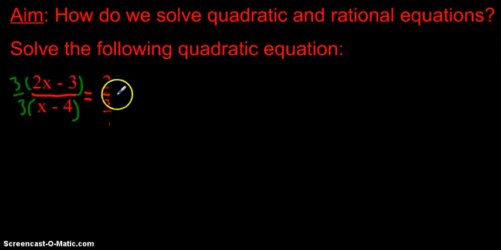Whatever we do to the top, we do to the bottom. So over here, we need an x minus 4. Multiply the numerator and denominator of the first fraction by 3. And we're going to multiply the numerator and denominator of this fraction by x minus 4.